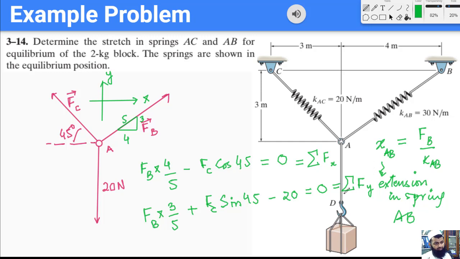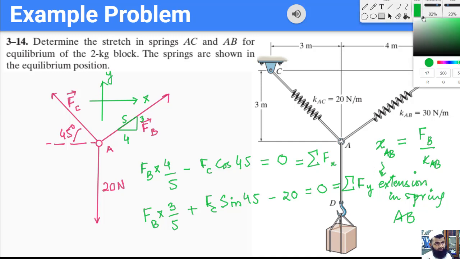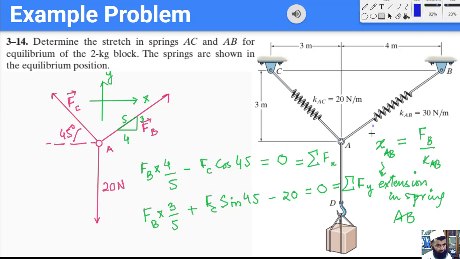And similarly we can find the same formula. So this is for this spring, and we can do the same procedure for this other spring. I hope these points are clear enough.